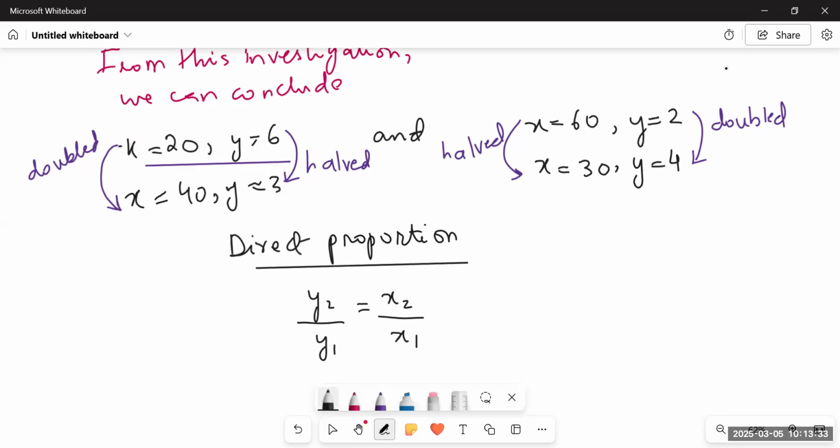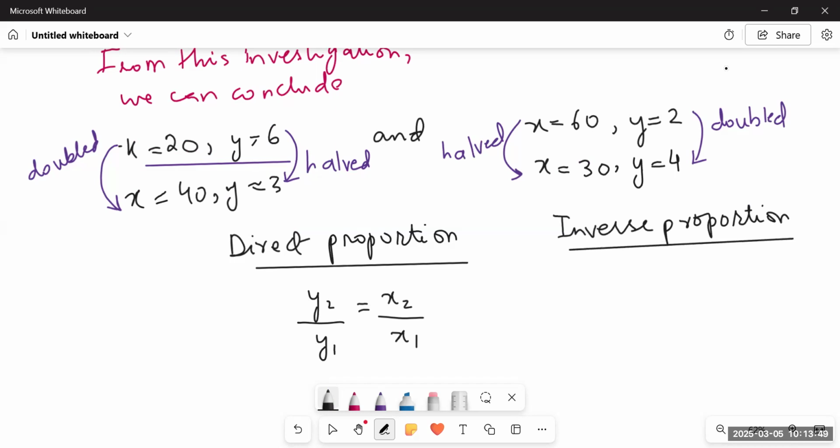And if we talk about inverse proportion, it would be different. You just have to practice the two formulas, and we are going to do multiple questions related to it so that it becomes easier for you to understand.